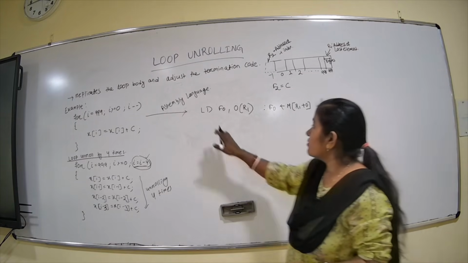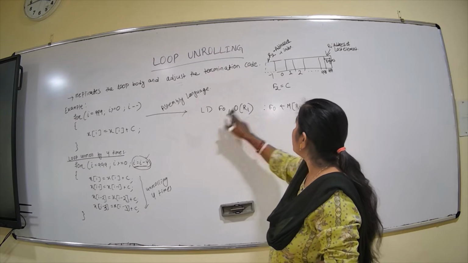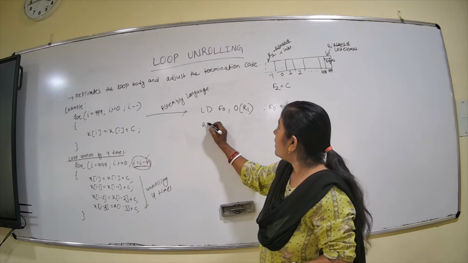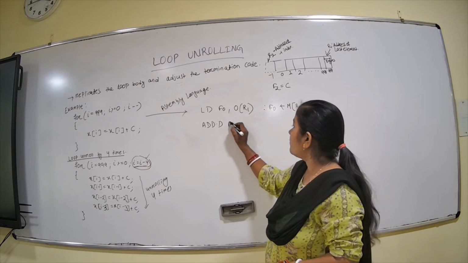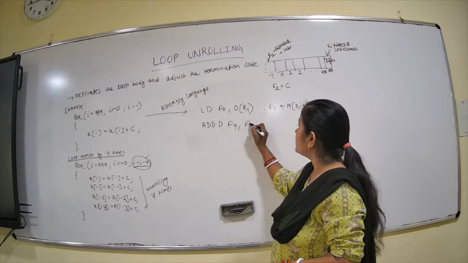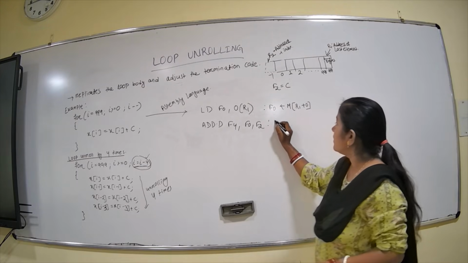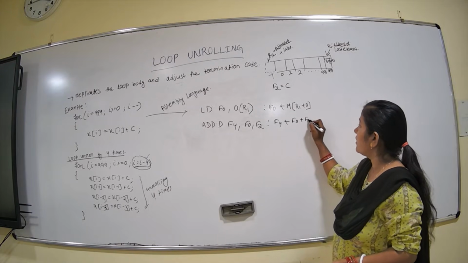Now, what is the second step? We add F0 and the constant C. That is ADD.D F4, F0, F2, so F4 contains F0 plus F2.